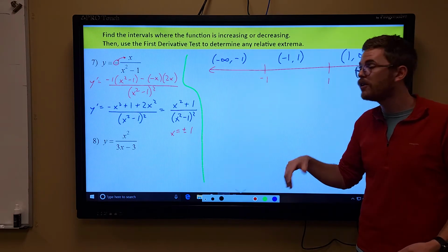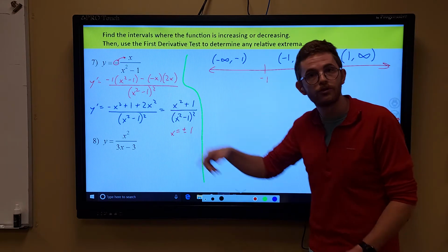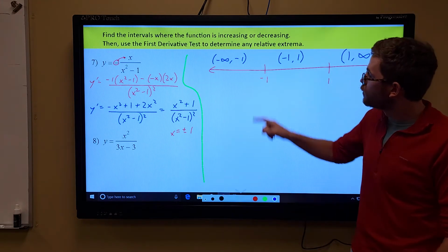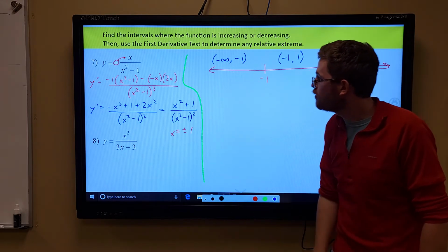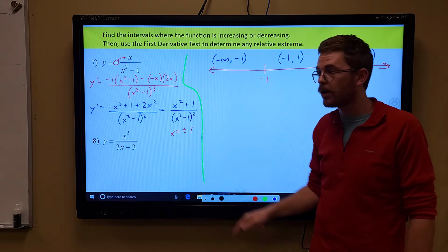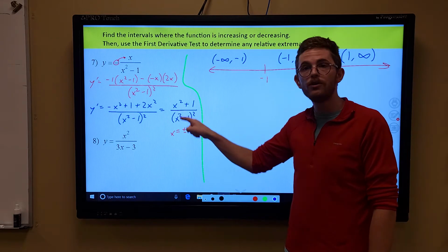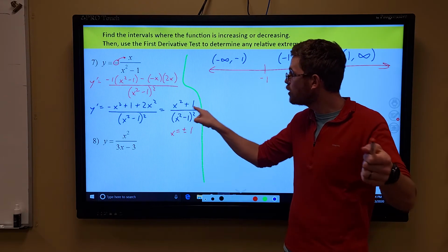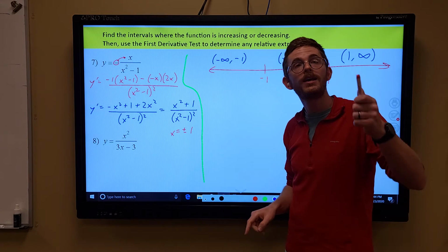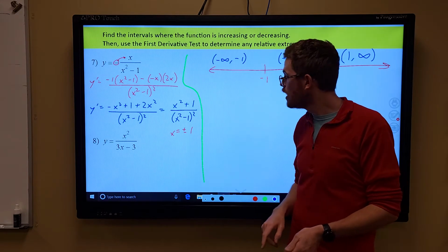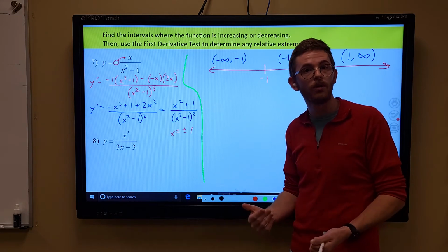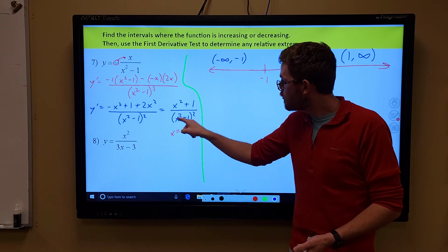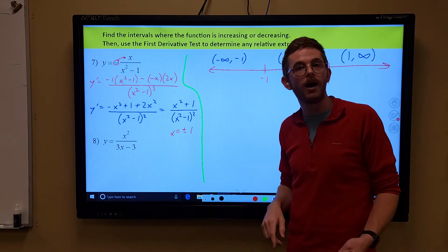And in order to know what my function is doing, I'm going to use my first derivative. So, really negative values, more negative than -1. If we plug them in right here, no matter what we plug into the top, we're going to get a positive number. And no matter what we plug into the bottom, unless it gives us 0, when we square it, it's going to be a positive number.